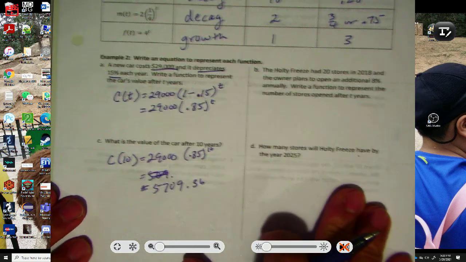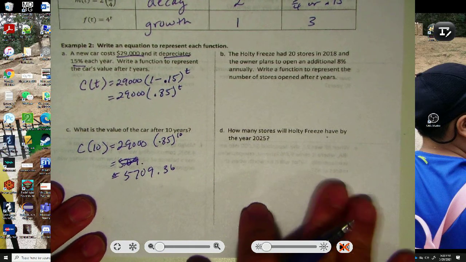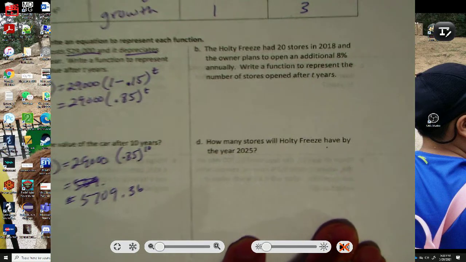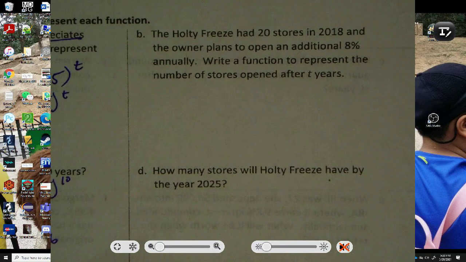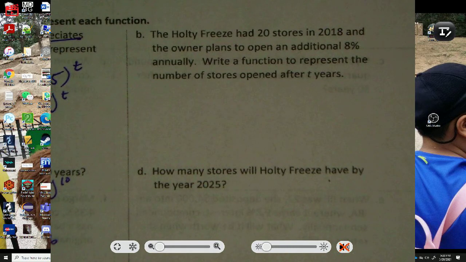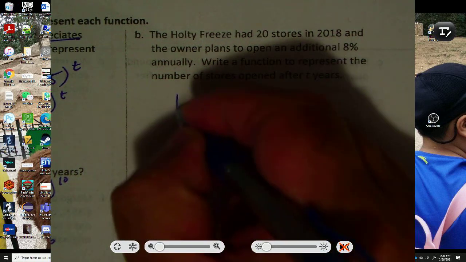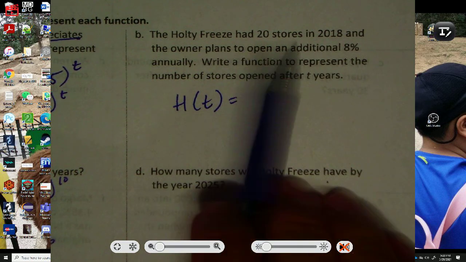Looking at examples B and D. Holte Freeze had 20 stores in 2018, and the owner plans to open an additional 8% annually. I guess I should have zoomed in for the first one too. Sorry about that. Okay, Holte Freeze. So let's call this function h of t for Holte, and the initial value is 20.